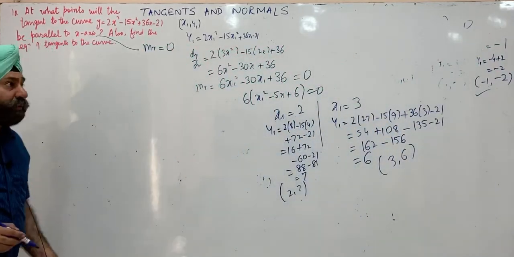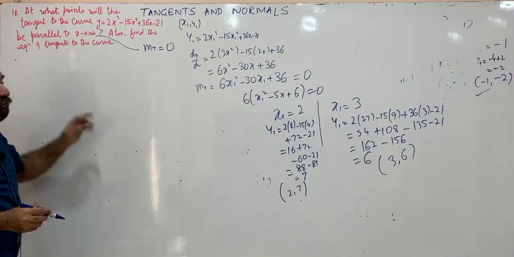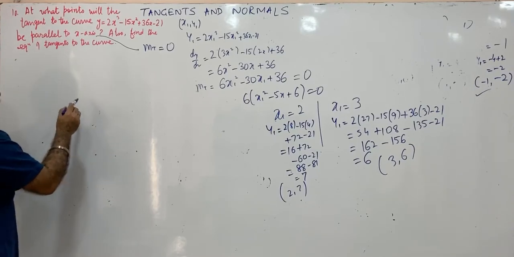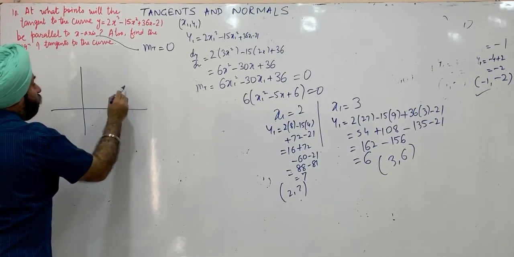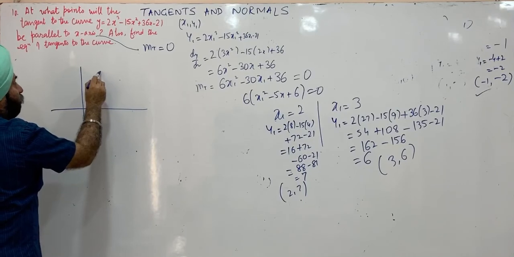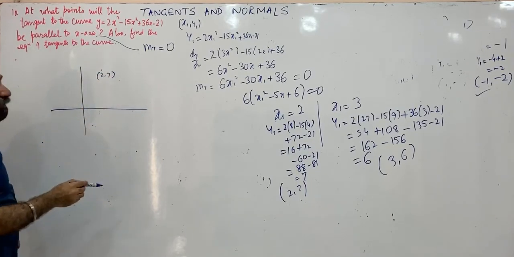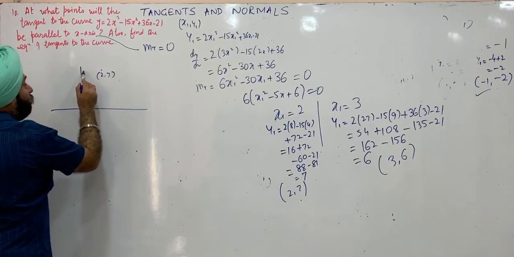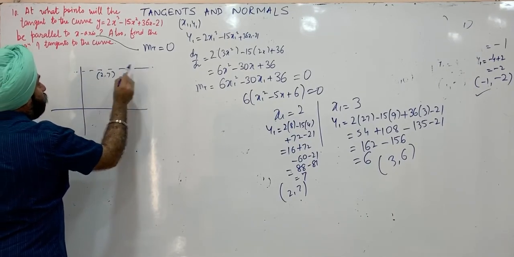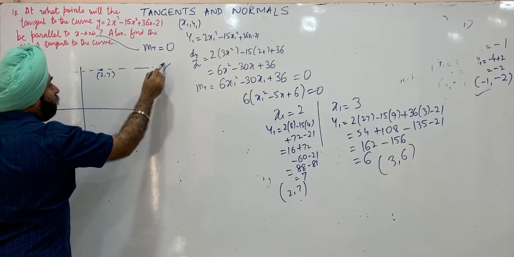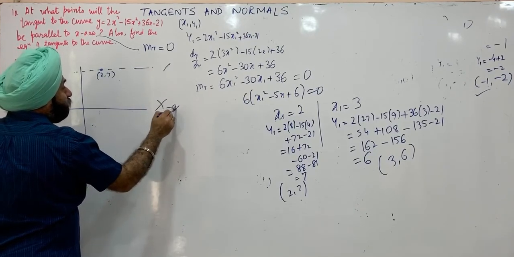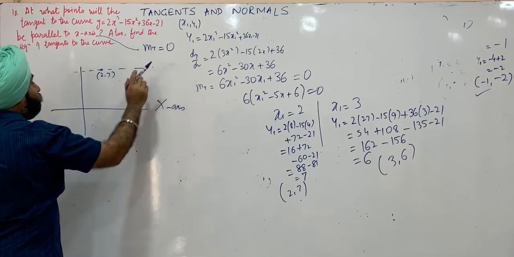Then the second part is, we have to find equations of tangent. So one point is (2, 7) and tangent is parallel to x-axis. At this point, this will be the tangent, a line parallel to x-axis. This is x-axis, this is parallel to x-axis.